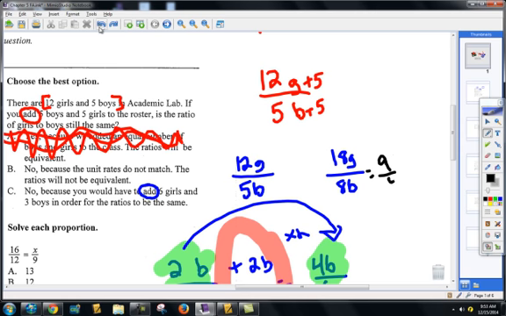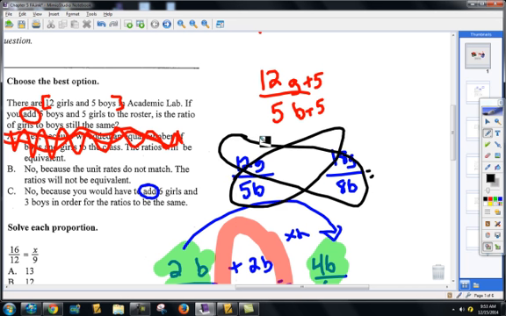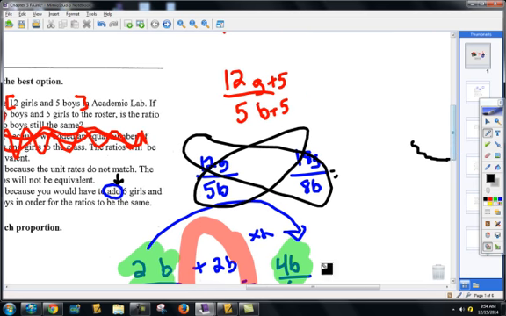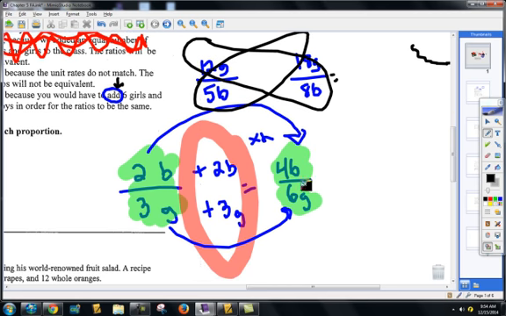No. You could have also used cross products, 5 times 18 and 12 times 8. See if it gives you the same amount. It wouldn't. Does that make sense, guys? So don't just assume because it says add that you can automatically say, oh, those are not equivalent, because that's just not true. Okay? Because I proved down here you can add or subtract to make equivalent ratios. Okay?